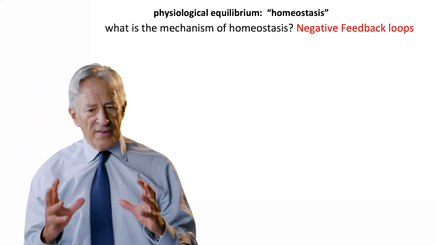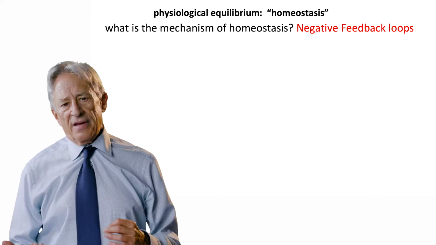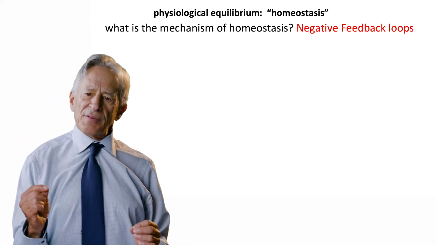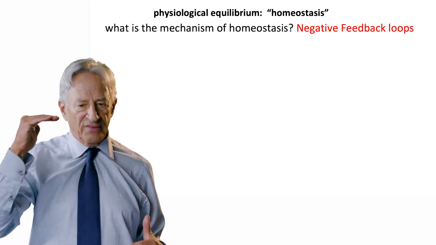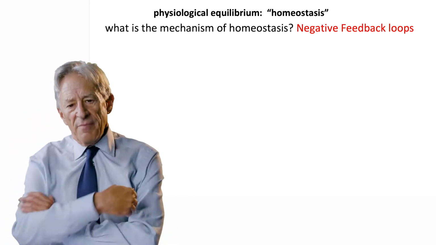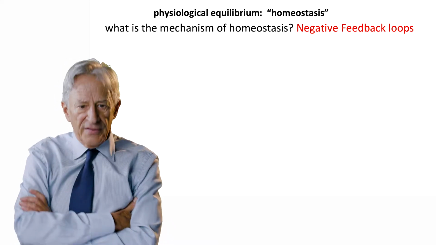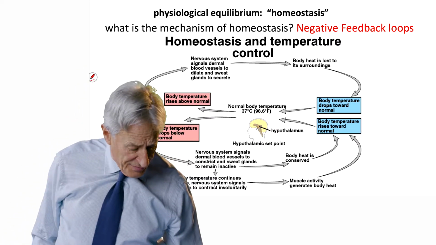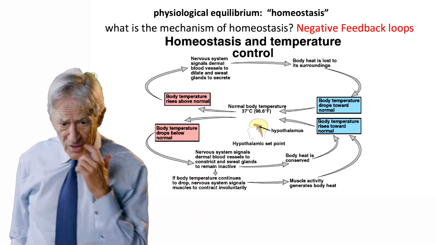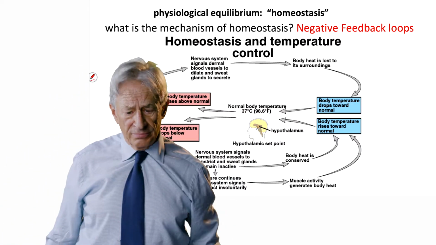That word maintained is a causal, an active word, and there is a mechanism that maintains that constant level. And that mechanism is exactly negative feedback loops of the kind that we have seen a bunch of. And the idea is, for example, I took this off the net, body temperature.